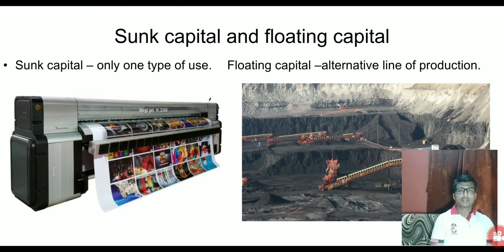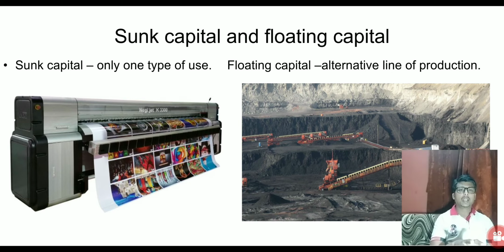Imagine that you have a stock of coal with you. Now that stock of coal can be used for production of electricity. For example, the Tata Group of Industries have a huge amount of coal with them.